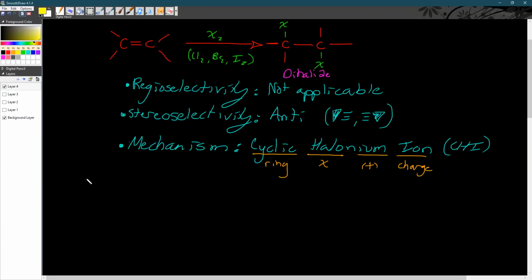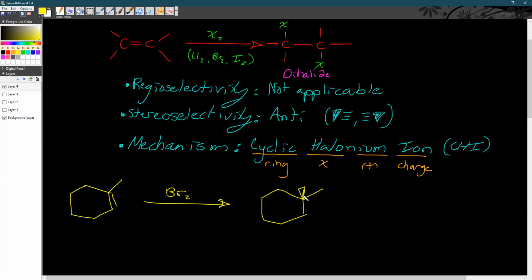Now, you don't need to know the mechanism in order to do practice. So, let's say that we have this guy here. We're going to be reacting it with Br2. Well, we know that the carbon-carbon double bond is going to be degrading into a single bond. And we're going to be adding Br and Br across the carbon-carbon bond.